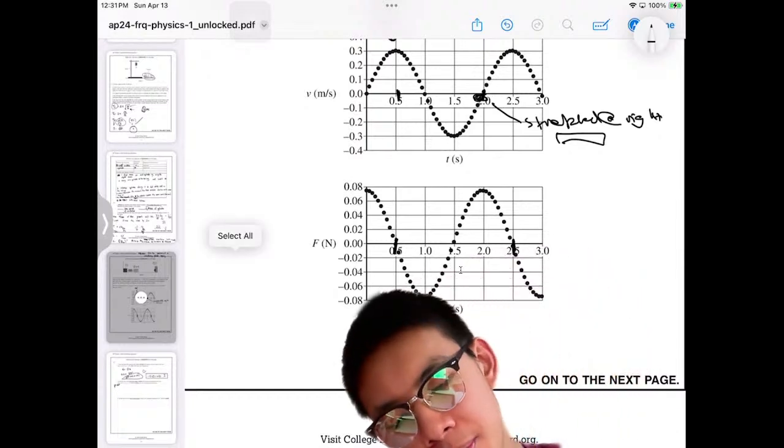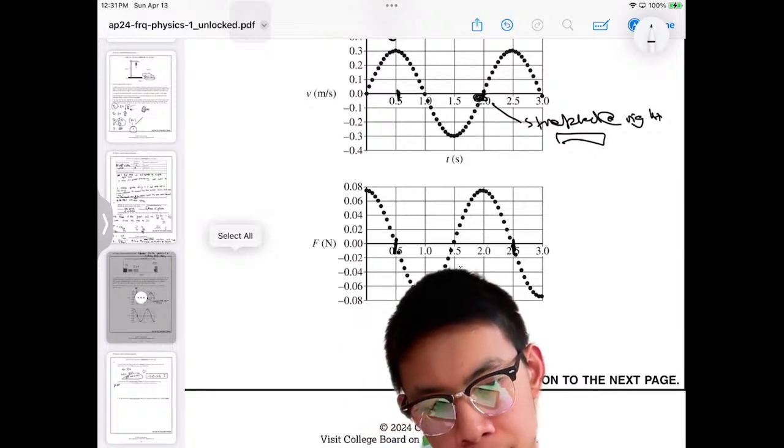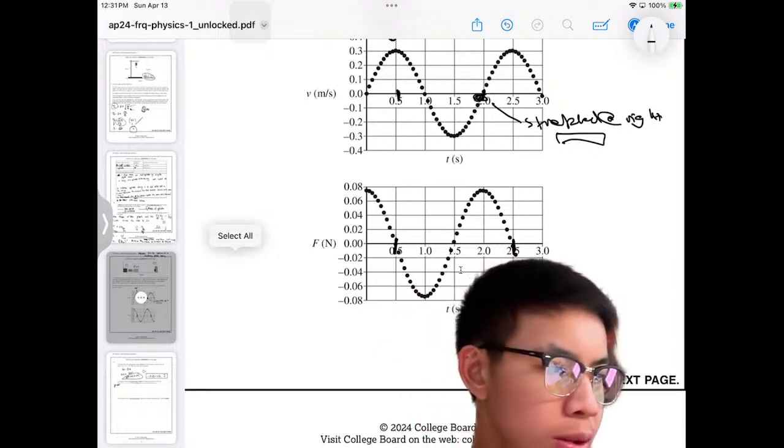So a lot of force, no force at equilibrium. Oh, I have to use one of these equations, don't I?